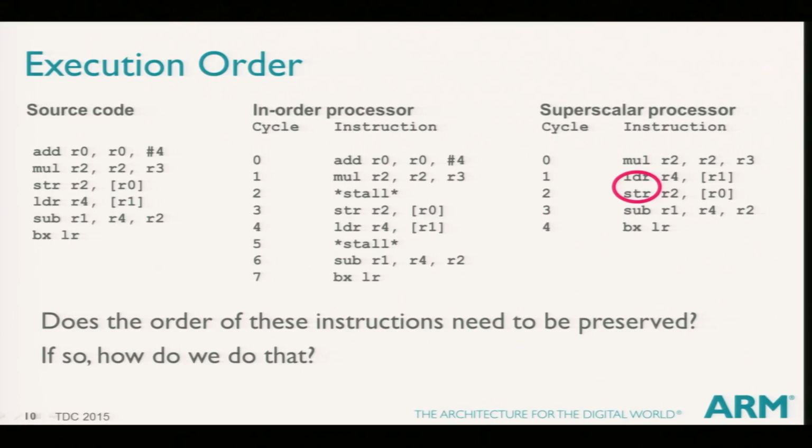Now, if you put that on an out-of-order superscalar pipeline, like you find in a lot of processors, you might get the sequence that you see on the right. To hide the latency of the multiplier, you can see there's a stall in the sequence here. To get rid of that, what the pipeline has done at runtime is promote the load up the sequence and actually issue the load before the store.